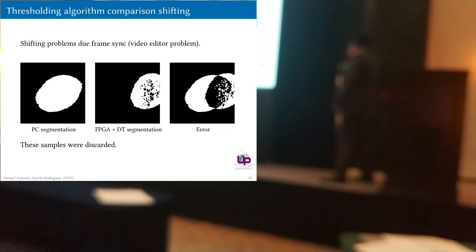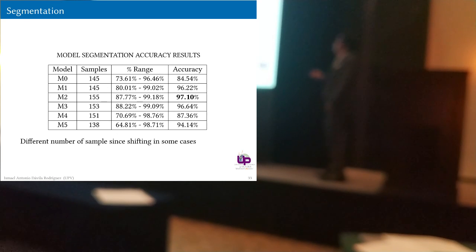Also, we had some trouble because we got some shifting frames, since the images were taken automatically by a script. These shifting frames were discarded from the results. That's why we have a different amount of samples here, and as we see, M2 had the best performance.